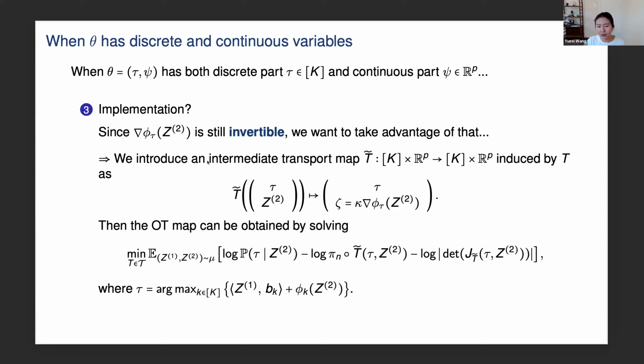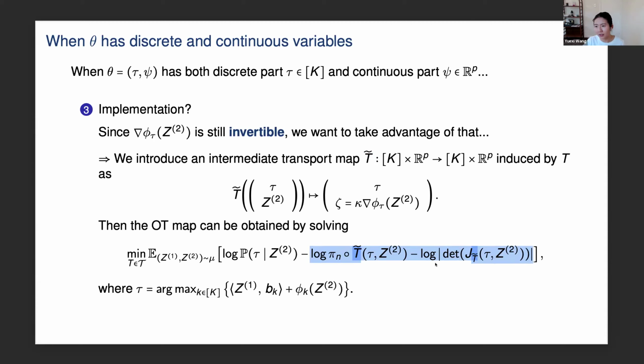So we introduce an intermediate transport map, T tilde, that only acts on the second part of the reference distribution and maps it to the continuous component of theta. The T tilde here is still invertible, and that gives me the advantage that I can still rewrite the KL loss for this part.